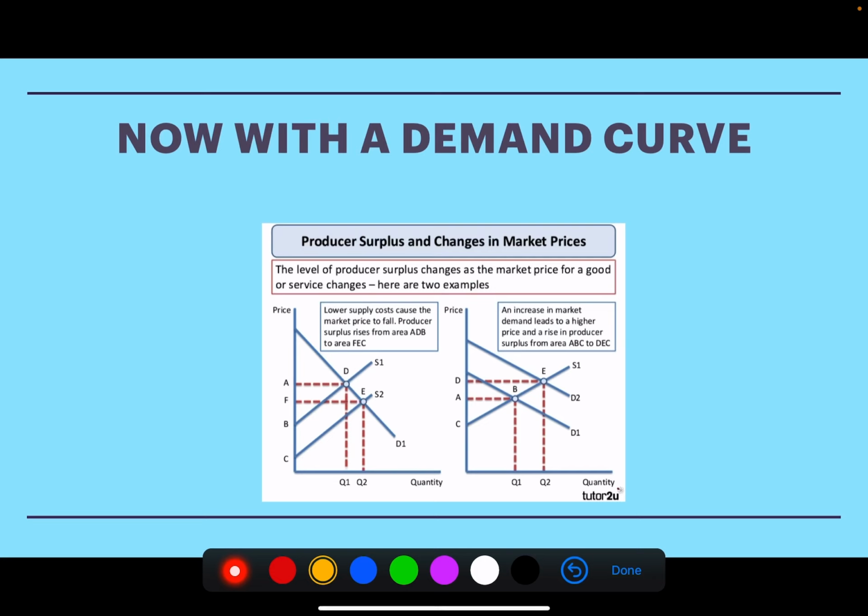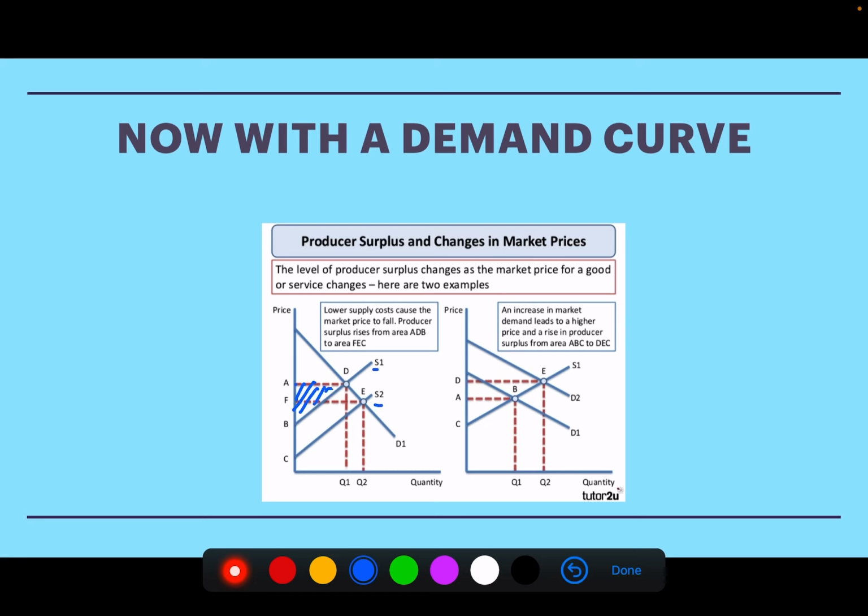Now if we have a look at the diagrams when you've got a demand curve and a supply curve on there, this is where it starts to get confusing again. So the first diagram, they've actually done a reduction in price. Supply shifts from S1 to S2. So our original price is going to be A, and our original producer surplus is going to be the blue area.